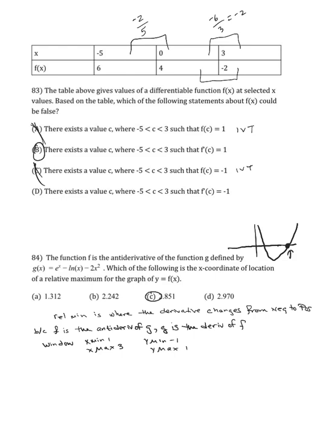So I graphed it, and then I just got the 0. And the 0 came out to be 2.85082. So remember, you always have to round to the 10,000ths place, or you can truncate.